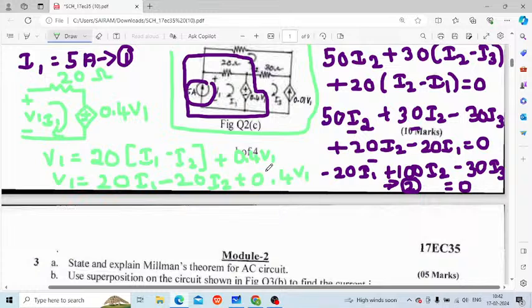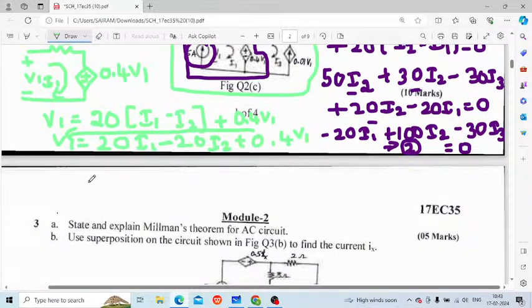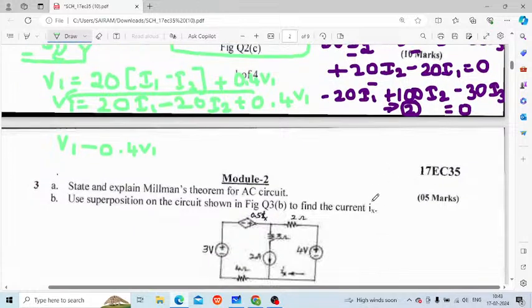Now I have to shift the 0.4 V1 to the other side here, because there is V1 present over here and here also it is 0.4 V1. I need to subtract that. So if I subtract that, it is V1 minus 0.4 V1. So see here, if you have to find a current Ix, Ix is nothing but I1 dash plus I2 dash plus I3 dash, and so on.